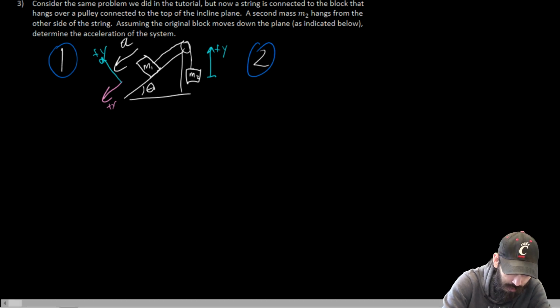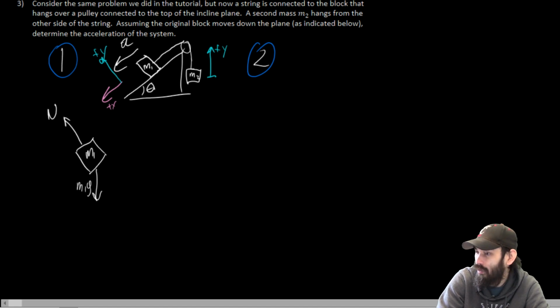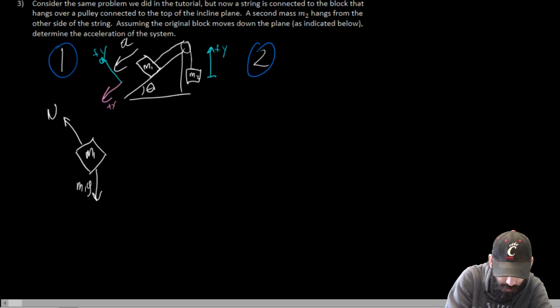So I'm going to start with the mass m1. Here's our m1. We know that we have gravity acting down, so this is going to be m1g. We have some normal force, so this is going to be n. Then we have a tension going this way, so we have tension.